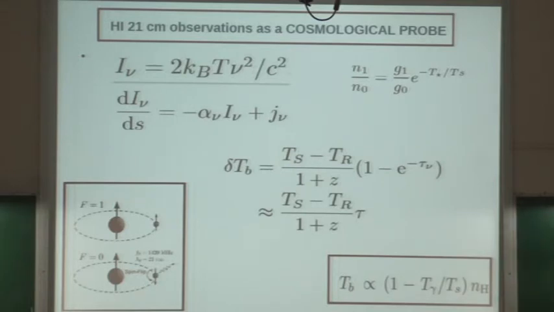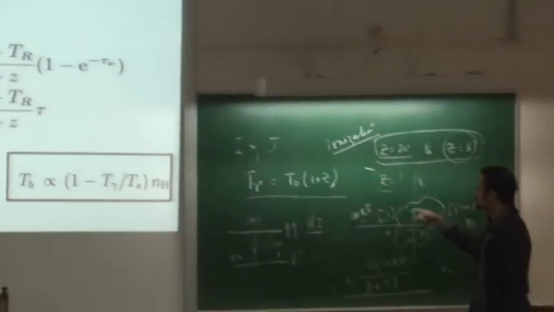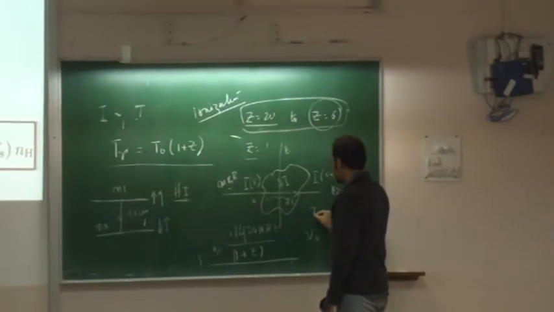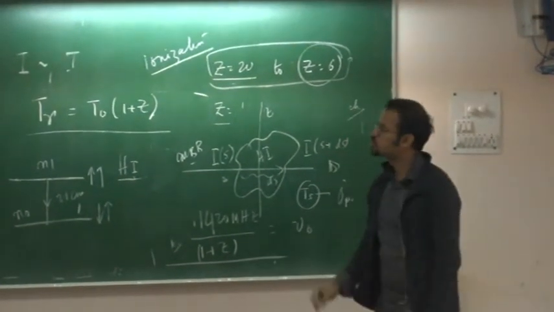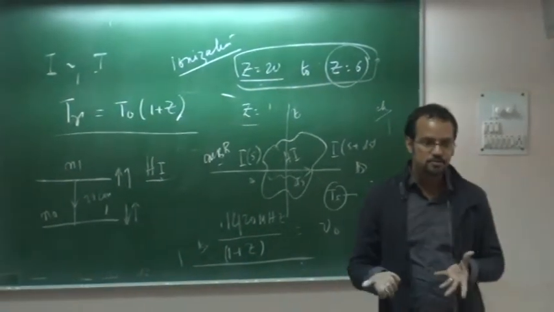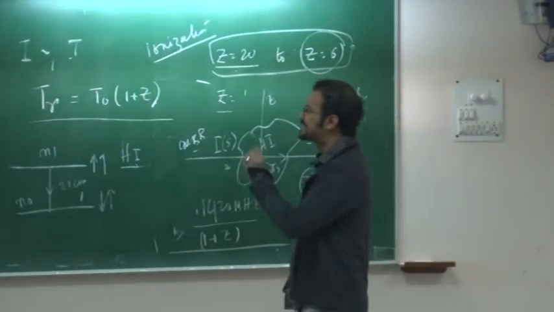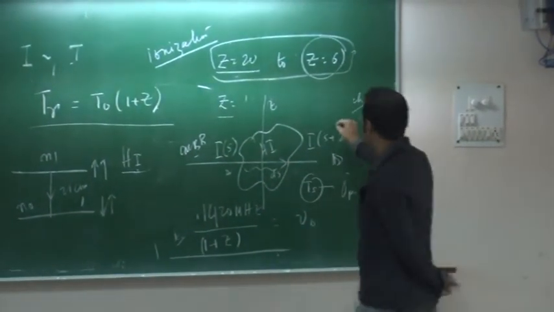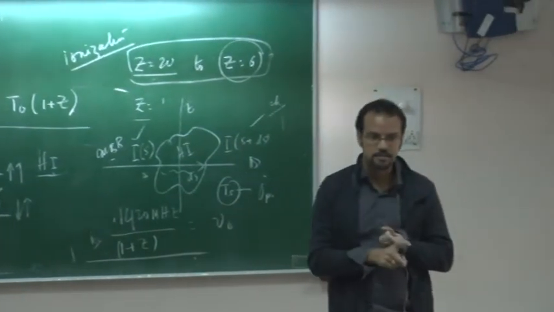The only way this emission takes place, this source function J mu is clearly going to be related to the spin temperature, because that is what is causing this transition to take place. So Ts is related to this J mu, which is the source, and alpha is of course something which has been taken away. So finally you have the difference between this and this given just in terms of the temperature.